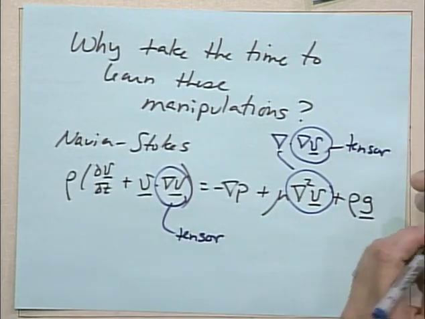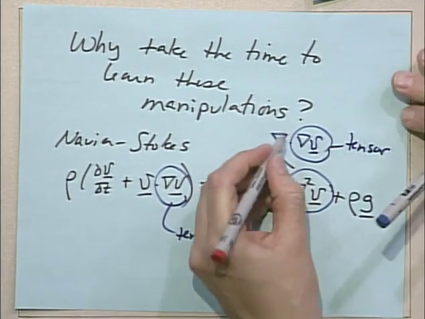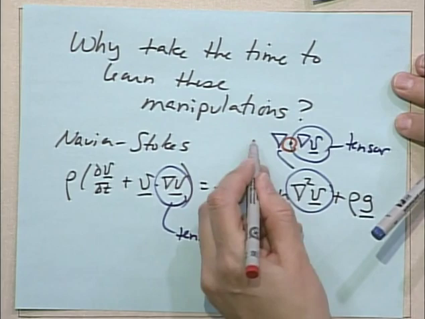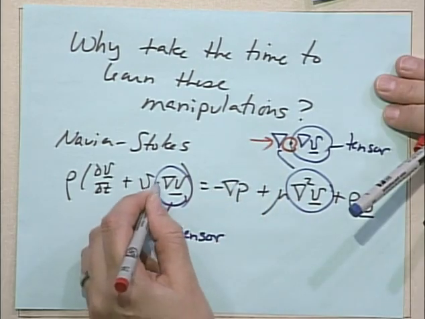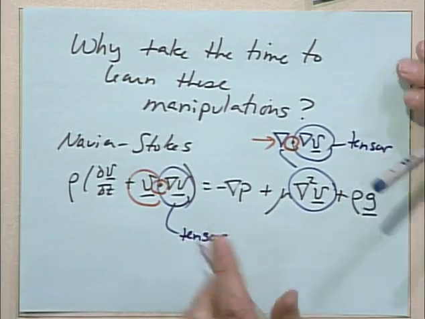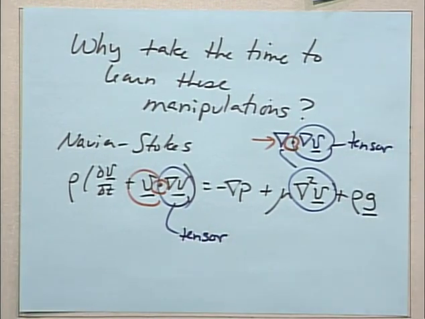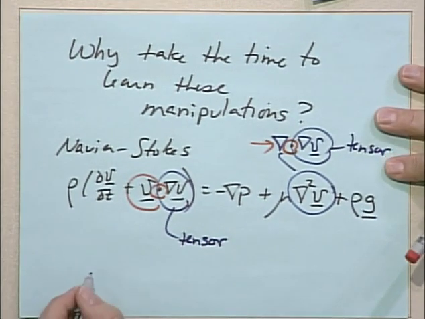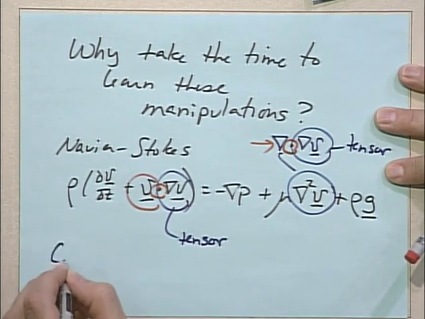So here's a dot product. Here's a dot product of a vector operator and a tensor. Here's a dot product of a vector and a tensor. The Navier-Stokes equations actually are the Newtonian version of the Cauchy momentum equation.